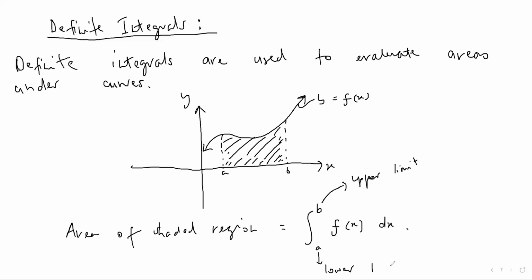So an integral with a lower limit and an upper limit is called a definite integral. You saw that with indefinite integrals, there are no limits. But when you're dealing with definite integrals, you do have a lower limit and an upper limit.